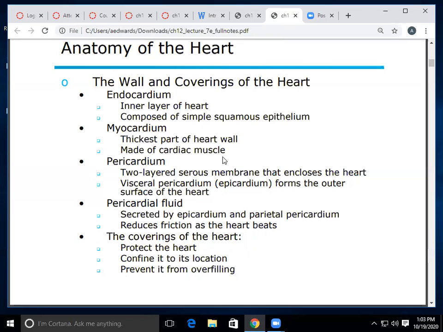So then you've got the pericardium. There's two layers. There's a serous membrane enclosing your heart. So you've got a visceral pericardium, also known as the epicardium, and it forms the outer surface of your heart.